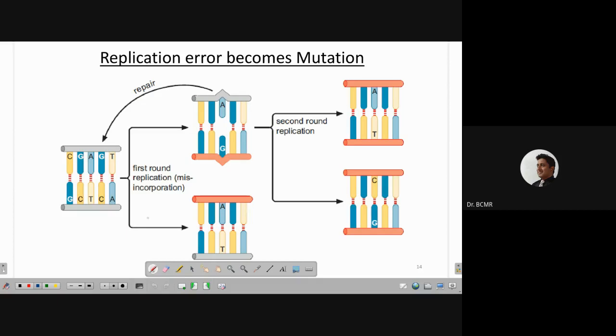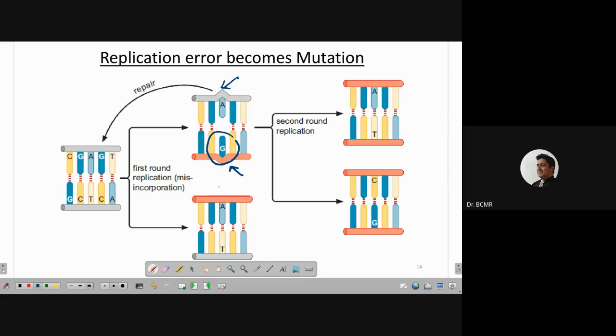So how does a replication error become a mutation? Say during replication, DNA polymerase has made a mistake, for example, as in this case, a G instead of T. But it is not a mutation yet, because the original or native sequence is A, whereas in this place it is a mutation.